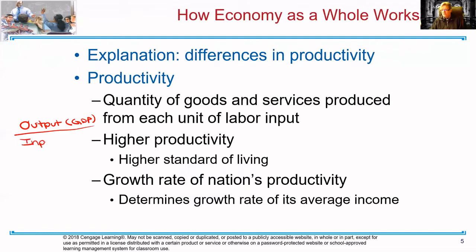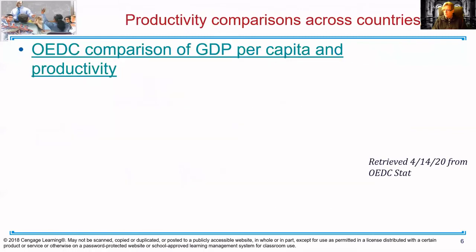That is a very easy way to talk about productivity. And obviously we want the most amount of output for a given amount of inputs. Think about technology and all of those things which allow us to be more productive. We're going to talk more about that as we move throughout the macroeconomics course.